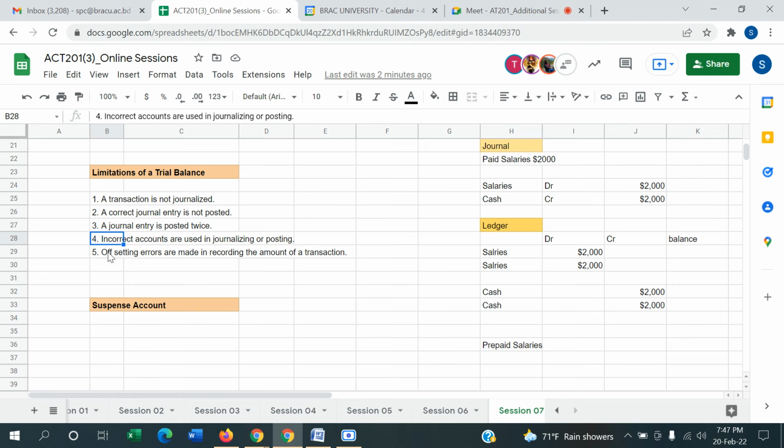Fourth one, incorrect accounts are used in journalizing and posting. Say for example, we have paid salaries for this month $2000, and at the time of recording, instead of salaries, if you record prepaid salaries, do you think that you have used the correct account for that?